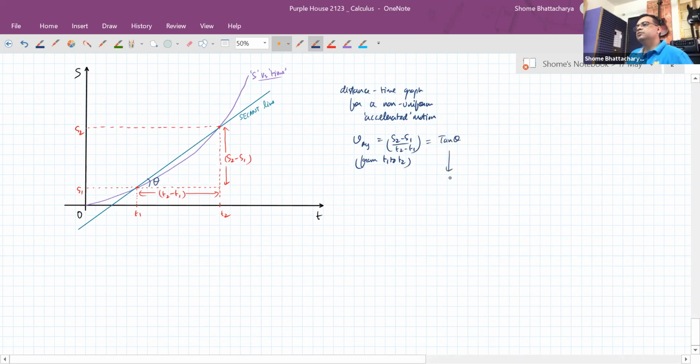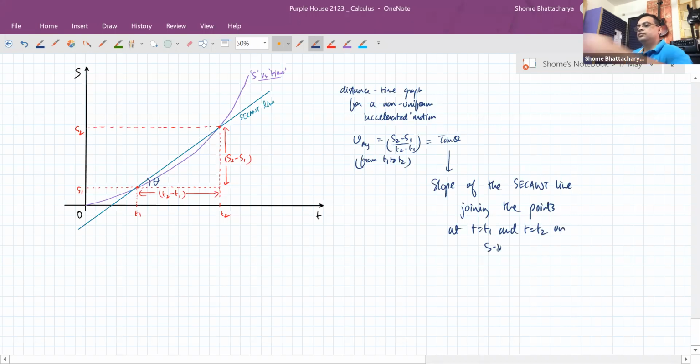In other words, it becomes what we call the slope of the secant line joining the 2 points at t equal to T1 and t equal to T2 on the S versus T graph. In this case, I will call it the S versus T curve, because the graph is curved.